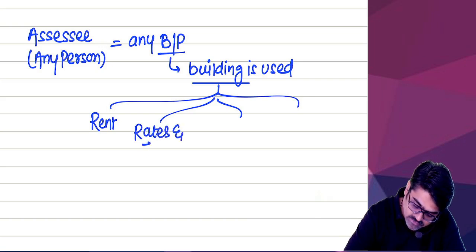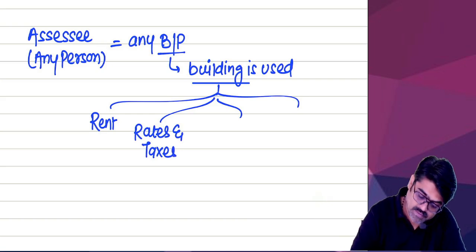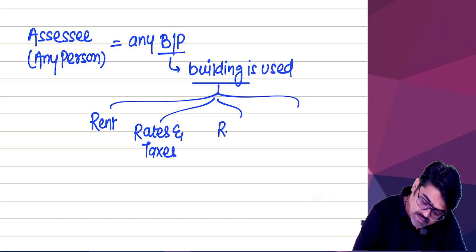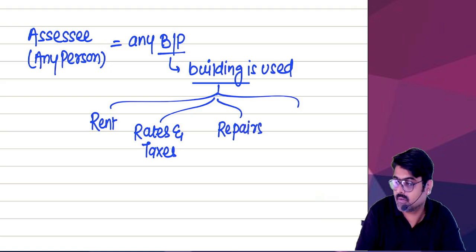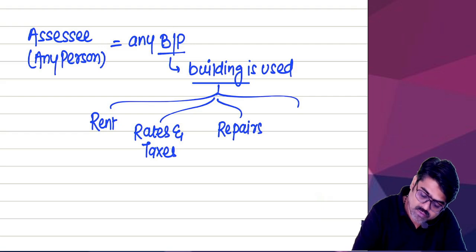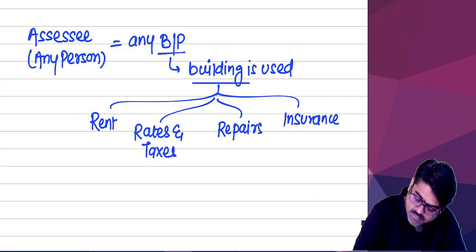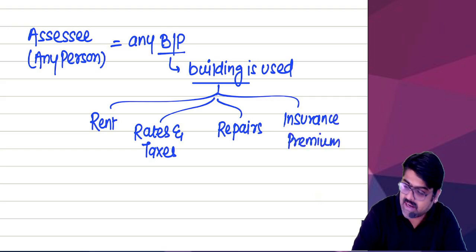Rates and taxes means municipal taxes, etc. Then, can you incur an expenditure on repairs? Can you take the insurance and pay the insurance premium? Did I write etc.?